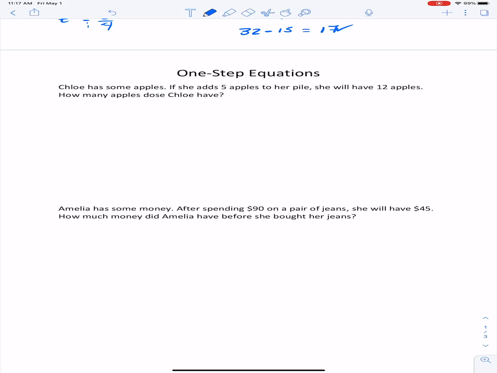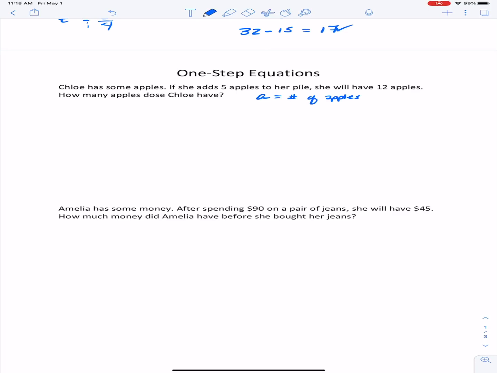Whenever I solve one-step equations or any type of equation that is a word problem, and I choose my variable, I will tell people what it means. In this case, I'm going to choose A, and A equals the number of apples Chloe has.